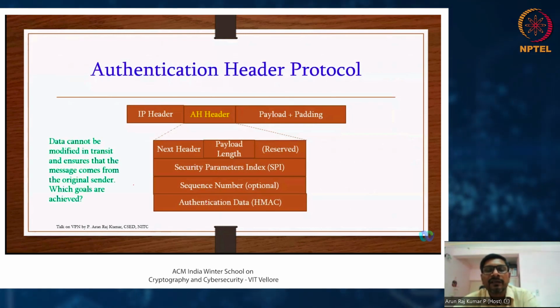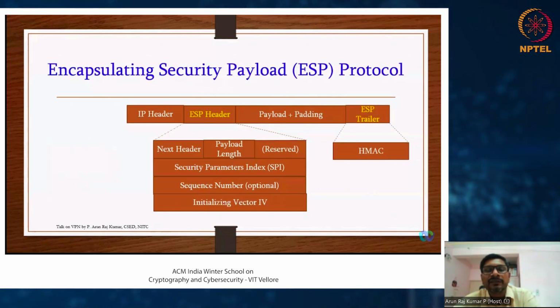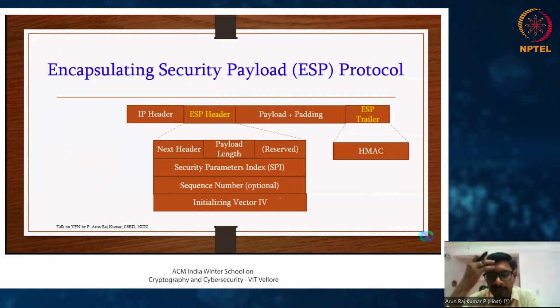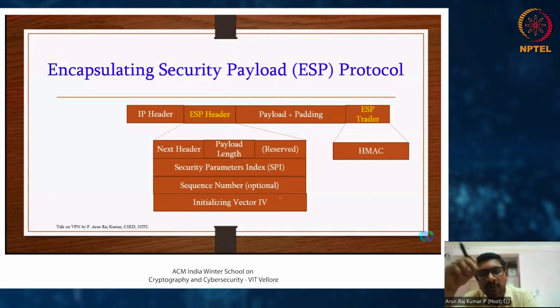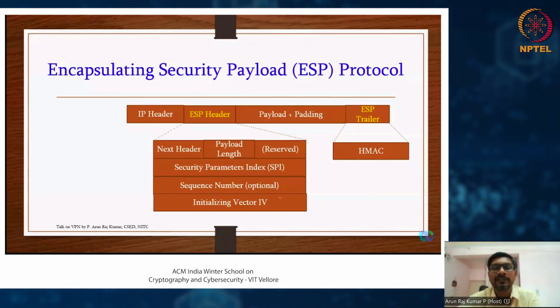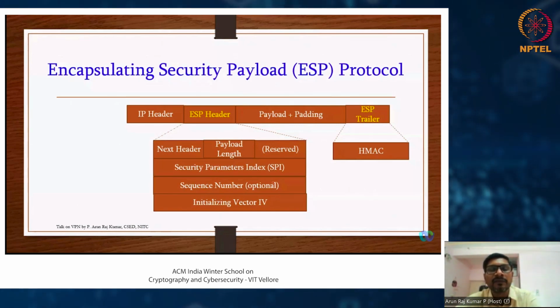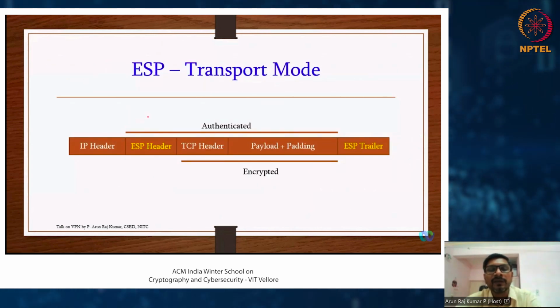Instead of authentication data in the last field, here it is sent as an initialization vector, because it also uses cipher block chaining, and in cipher block chaining you require this initialization vector. Therefore, we have this. For ESP in transport mode, as I said earlier, you can see the TCP header and payload are all encrypted.